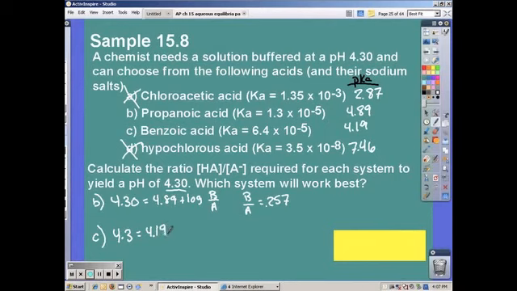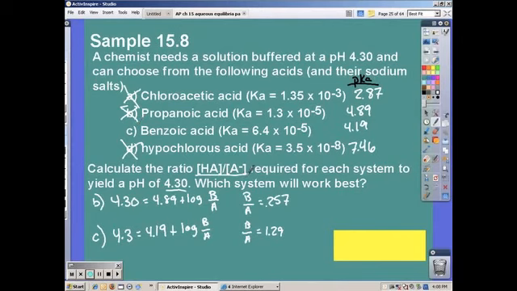Do the same thing for C. This time your ratio is 1.29. So C is closest to 1, so that's our better buffer.